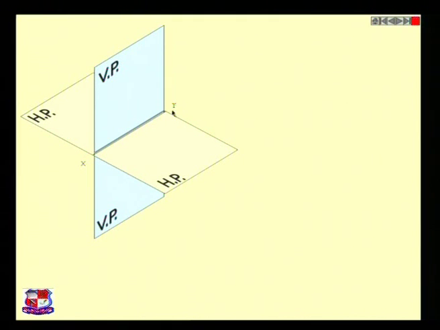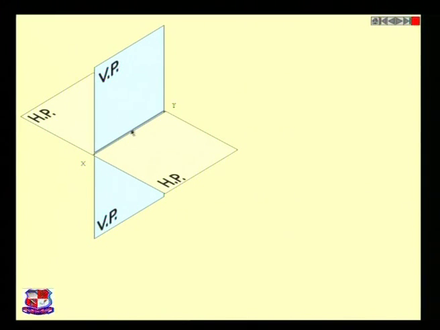There is an intersection where both these planes are intersecting. It is called the XY line. This XY line is very much important for all the projections of plane, solids, point or line. This is a basic fundamental. Horizontal plane would be lying horizontally, vertical plane would be lying vertically.